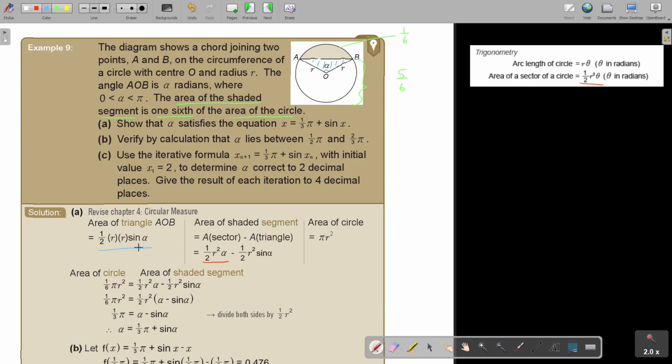Okay, now what is the area of the shaded segment? If I want that, I must first take the area of the whole. Let's just say that's going to be the area of the sector. It's going to be red. But let's just take the area of the whole. Okay. And then we subtract the triangle. So it's actually the area of the whole sector.